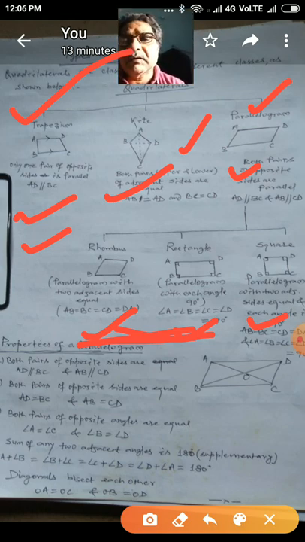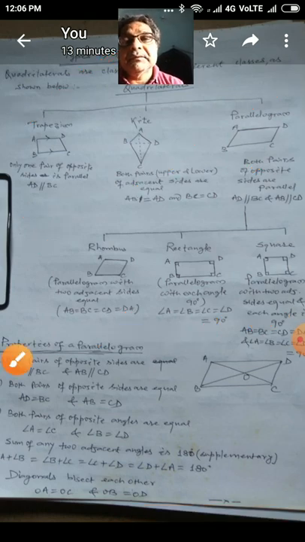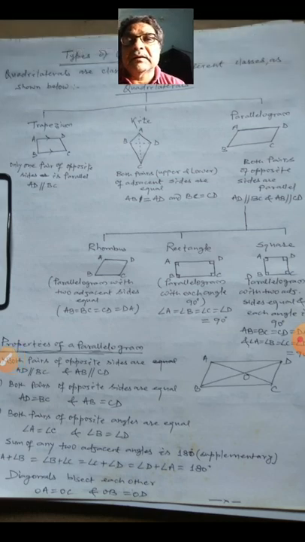All are quadrilateral. But here we have to remember these things, that a parallelogram becomes a rhombus when its two adjacent sides are equal.